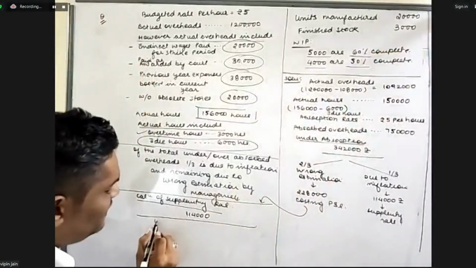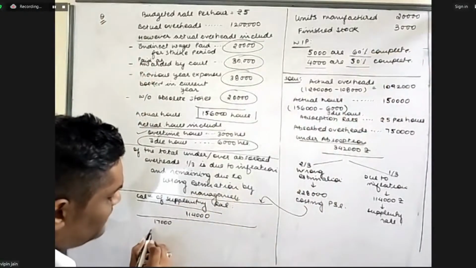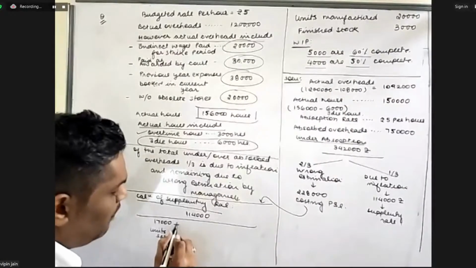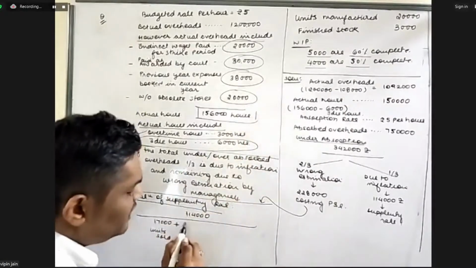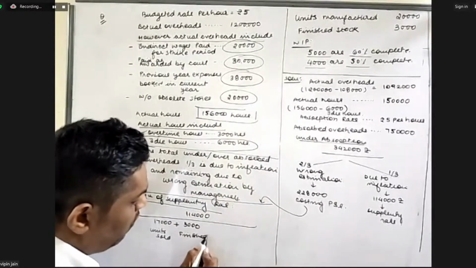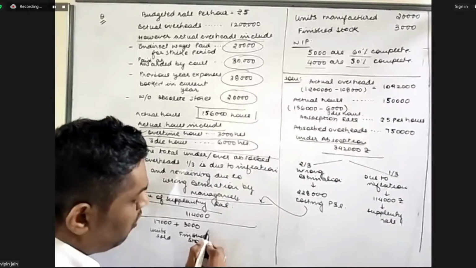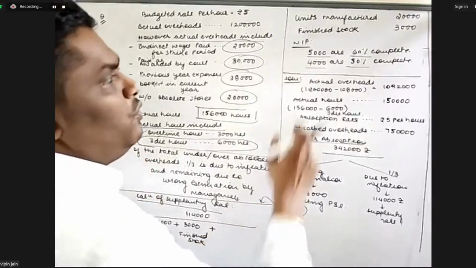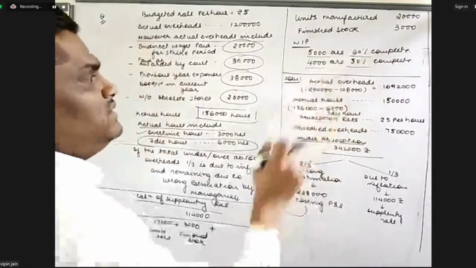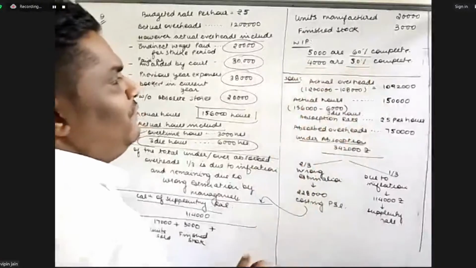It means 70,000 is units sold, plus 3,000 finished stock, plus when talking about work in progress, 5,000 units are 60% complete. It means 3,000, and 4,000 units that are 50% complete.